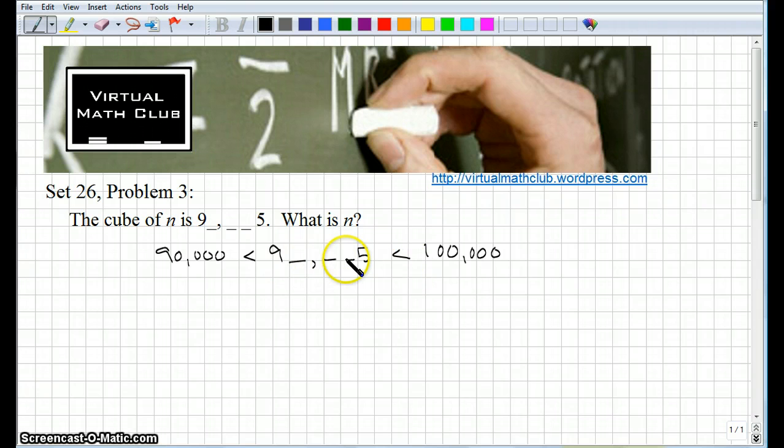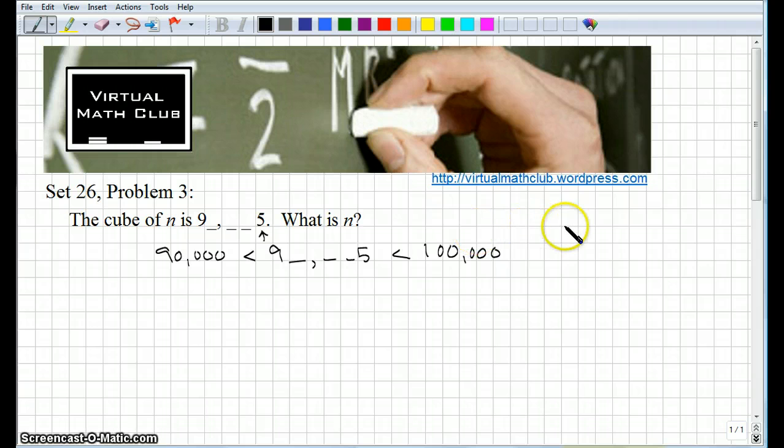And I know that this is the cube of a number, right? Another thing I know is that if this is the cube of a number and it's ending in 5, then that cube has to end in 5. The units digit here is 5, so it's obviously a multiple of 5, and it has to be an odd multiple of 5.